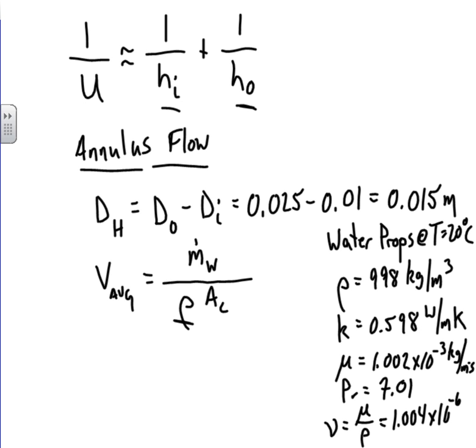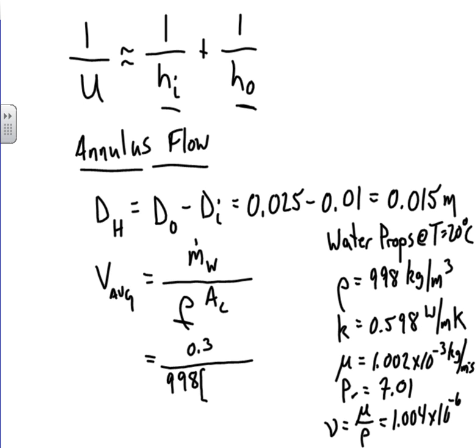Okay? So let's go back now that we have our density, and we'll solve for our average velocity. So we know our mass flow rate was given to us, and that's equal to 0.3. We'll divide by our density, 998, times our cross-sectional area.